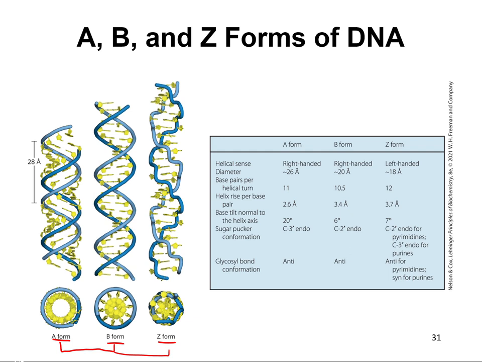And A form, you're going to see that more so in organic solvents. You're not going to see it really in water. B form is physiological. It's the Watson-Crick structure. Z form, just know that it's left-handed and it's got kind of a zigzaggy appearance with that phosphate sugar backbone, and it's more slender.